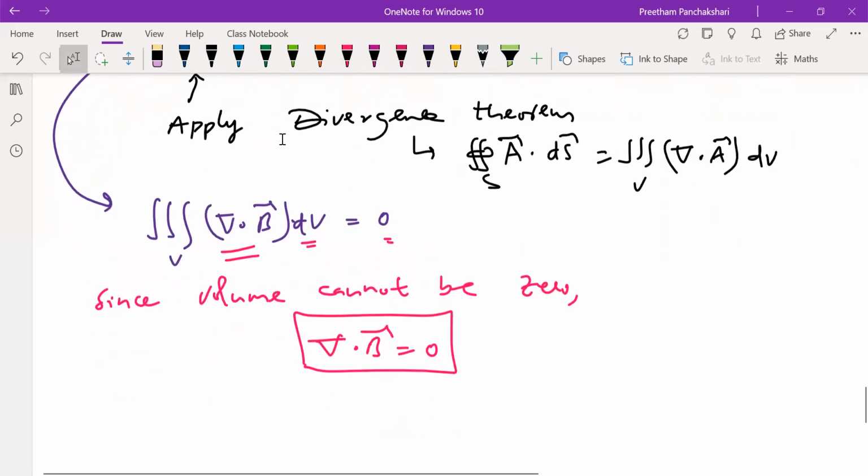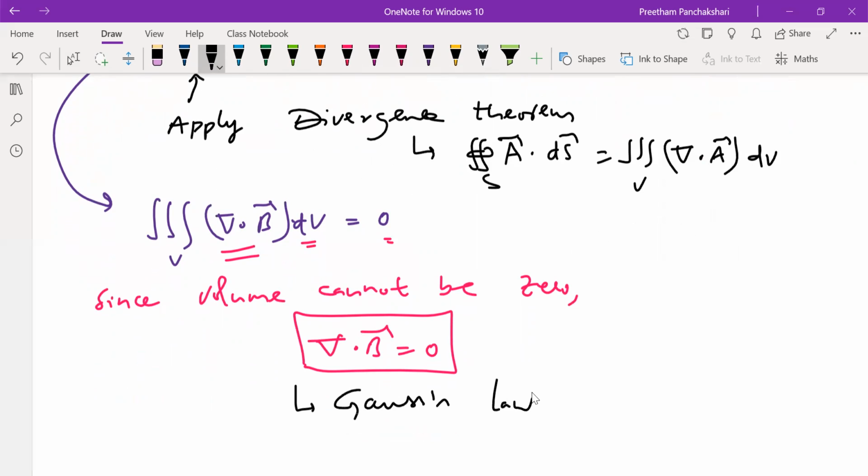So this equation is called Gauss law in point form. Gauss law or Maxwell's equation, any one of them, but in point form.